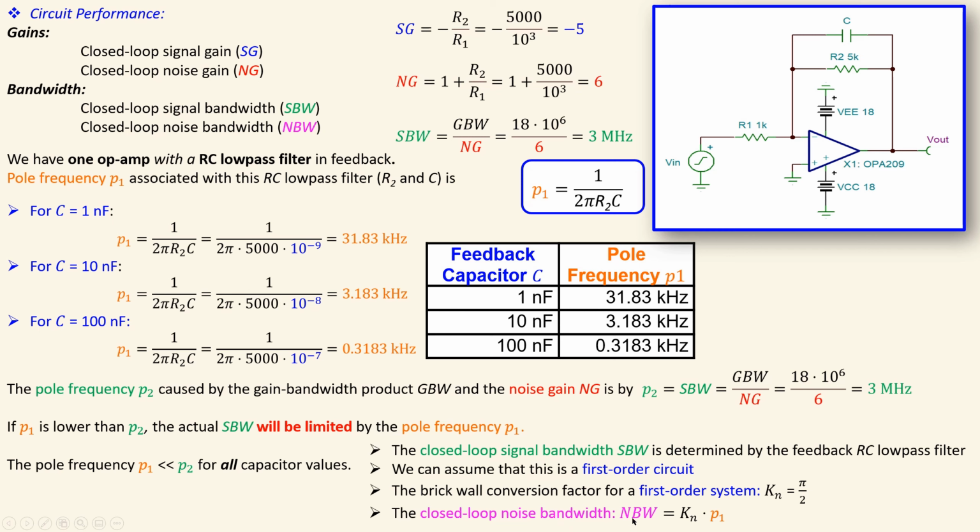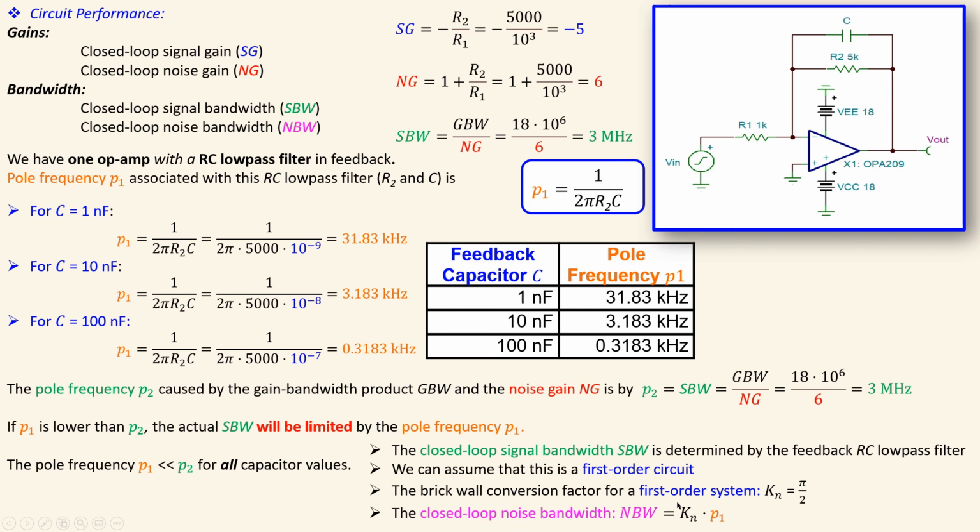So the noise bandwidth in the previous examples, in cases where we don't have the external capacitor or any other components which will determine the frequency response, was the conversion factor times the signal bandwidth. Now the signal bandwidth is limited, so it is not 3 megahertz here, it is actually the P1 associated with each capacitor.